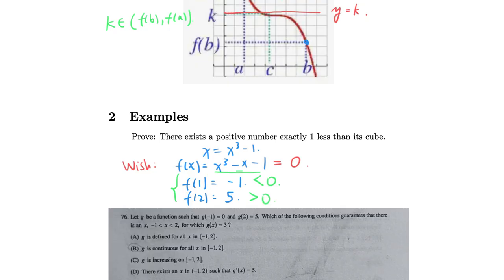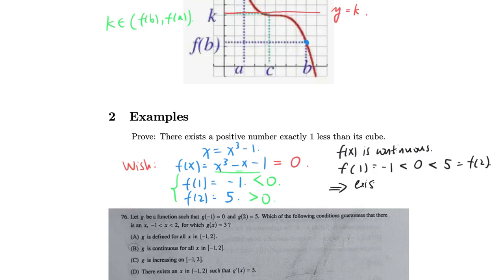So what we are going to reason with is the following. We're going to say f of x is continuous. And we're also going to say f of 1 is equal to negative 1, which is less than 0, and this is less than 5, which is equal to f of 2. Given these two properties, the intermediate value theorem tells us that there exists some c between 1 and 2 such that f of c equals 0.